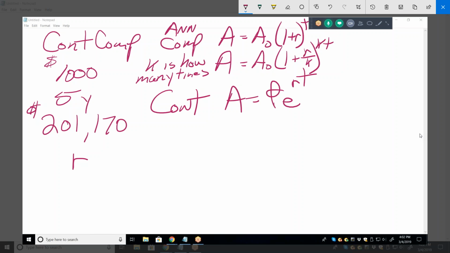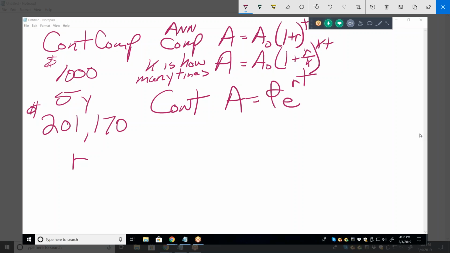In other words, annual compounding is once a year. If you find a bank that compounds once a month, then k is 12. If you find a bank that compounds once a week, then k is 52. If you're talking about continuous compounding, which is the only real thing in nature, nature does not offer anything that's annual compounding or compounding on a monthly basis.